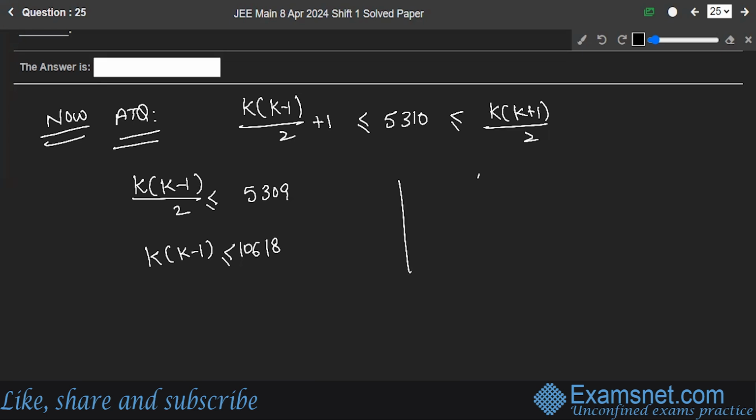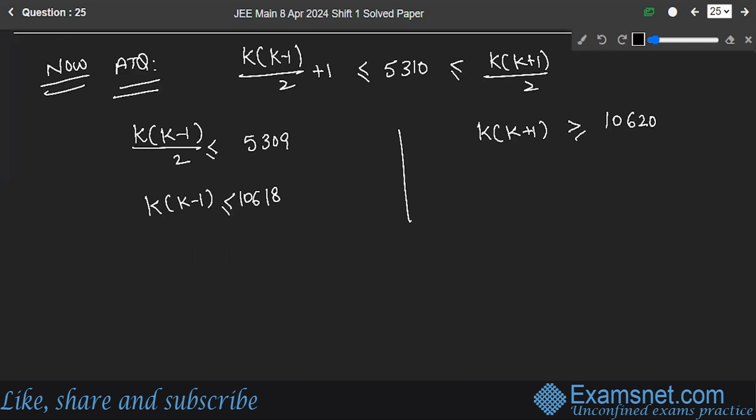And over here, this will be k into k plus 1 greater than or equal to 10620, right? So k square minus k minus 10618 is less than or equal to 0, and k square plus k minus 10620 is greater than or equal to 0.